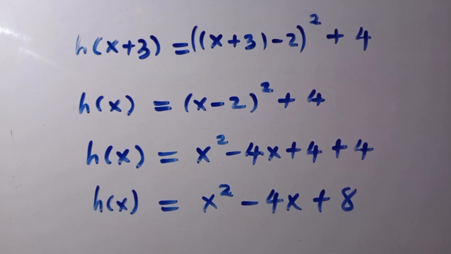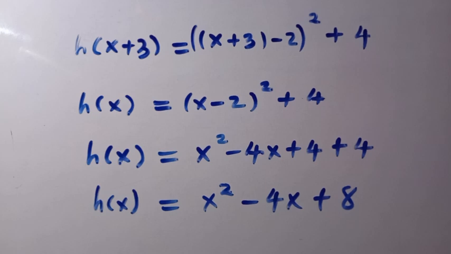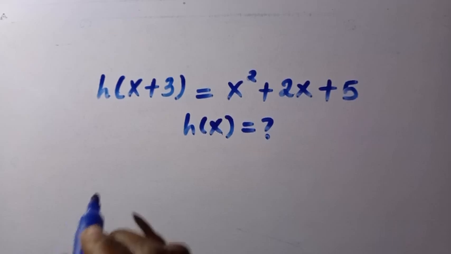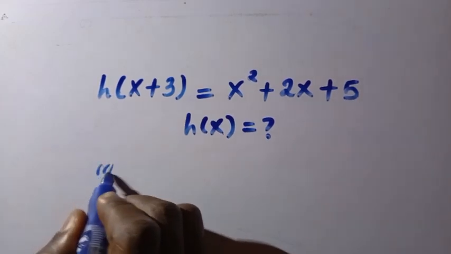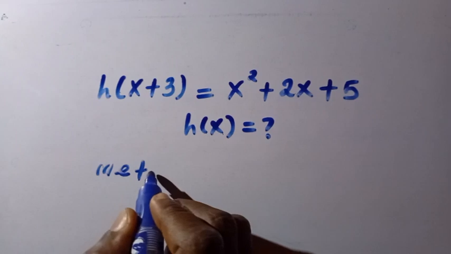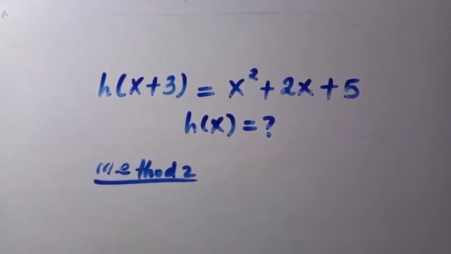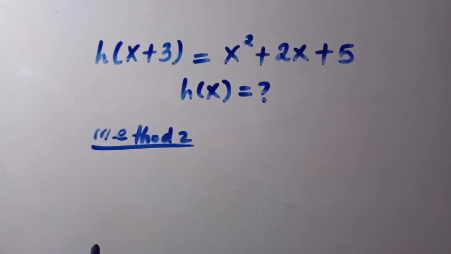We consider this as the first method of solving this. Let's see another method and see which one is easier and more effective. For the second method, method 2, we are going to use the substitution method.